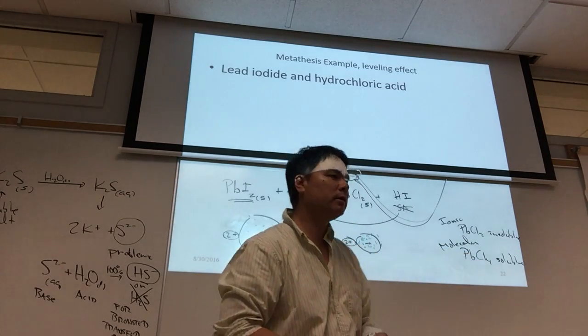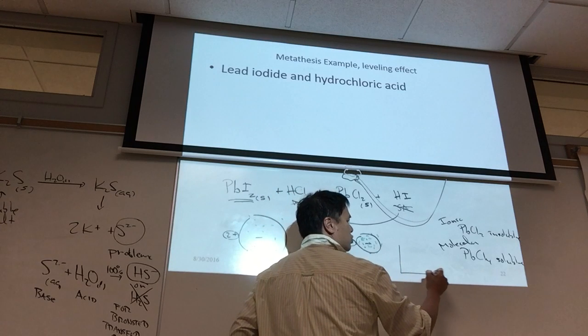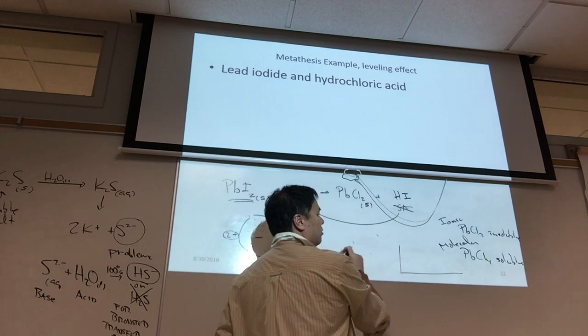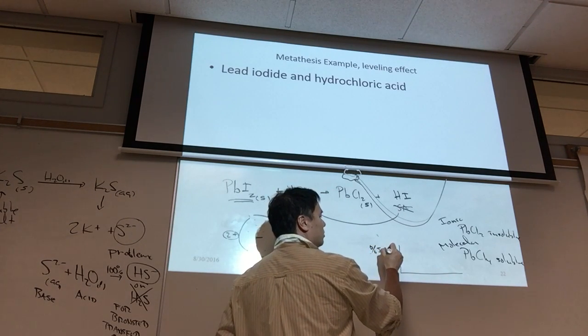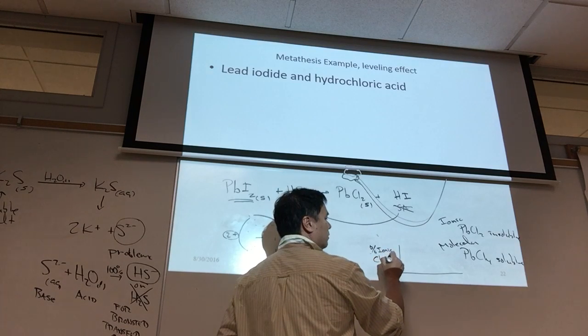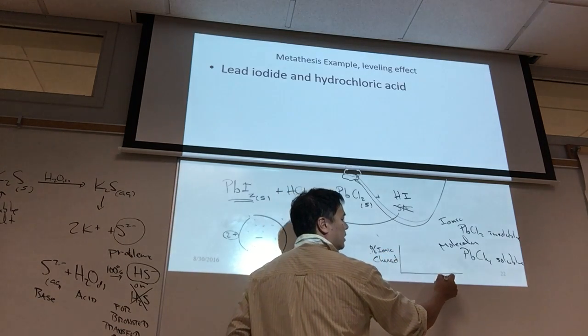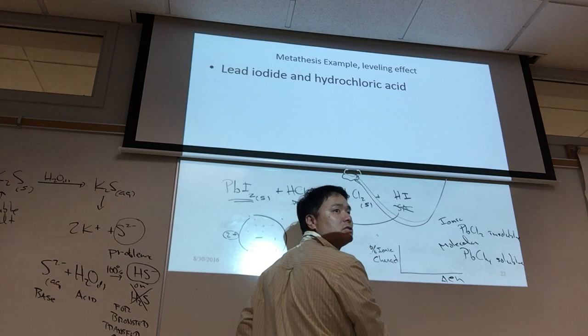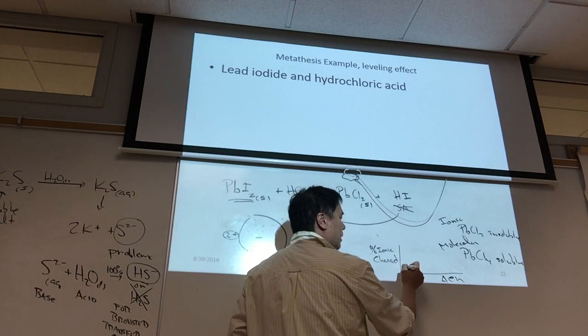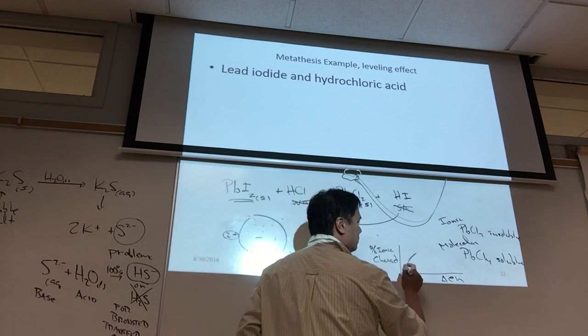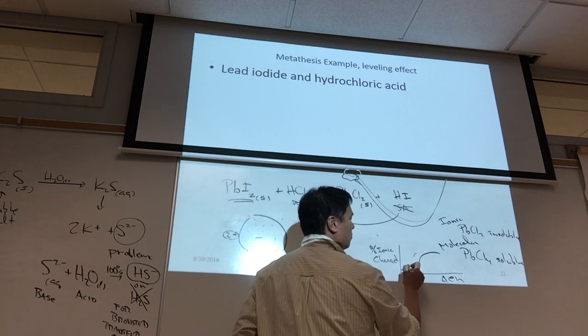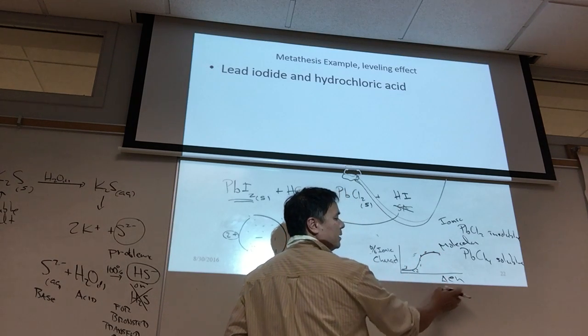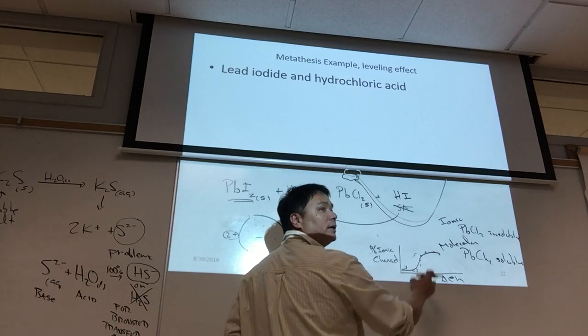Do you guys remember, I think in chapter 9, there was this chart, a graph. The graph was percent ionic character versus delta EN, the difference in electronegativity. And the trend was something like this. And you had some data here. So the bigger the difference in electronegativity, the more ionic it is.